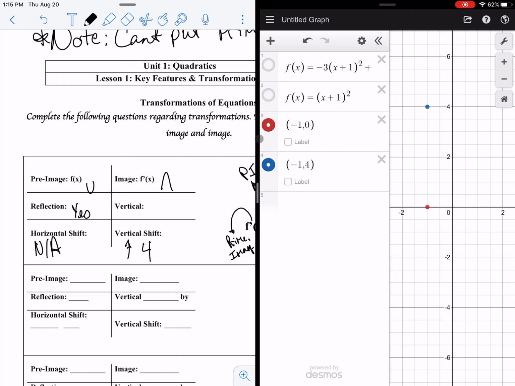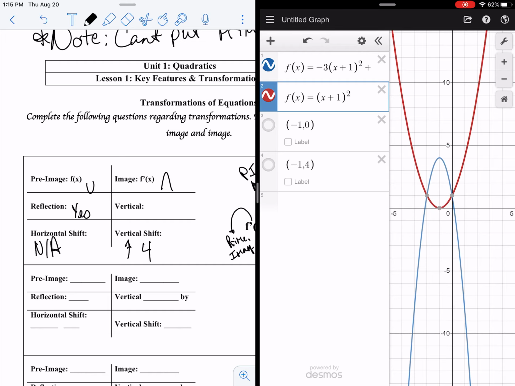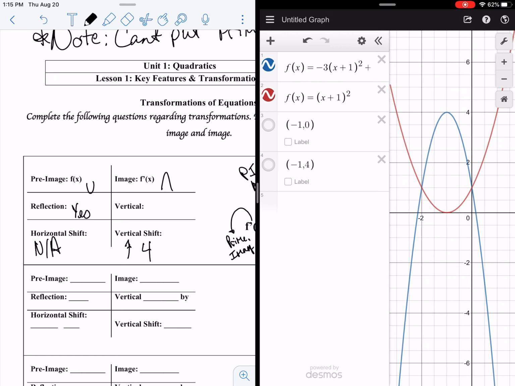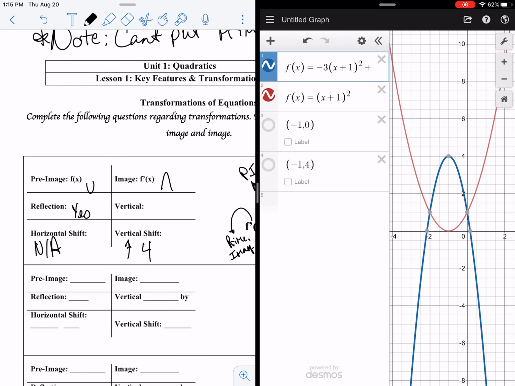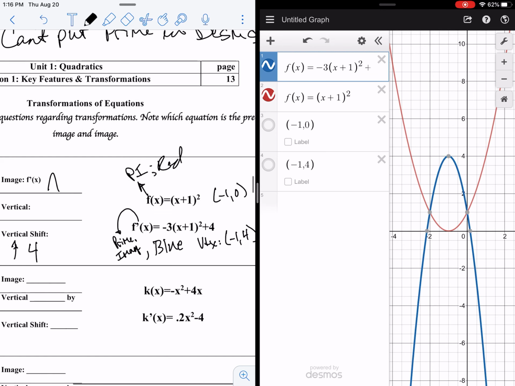Now a vertical change is either going to be a stretch or a compression. To figure it out, do I go from wide to skinny or skinny to wide? So I'm going to zoom in a little bit, and over the same amount of time, you have to make a judgment call. This is where being a visual learner is really cool. You have to decide which one is wider than the other.